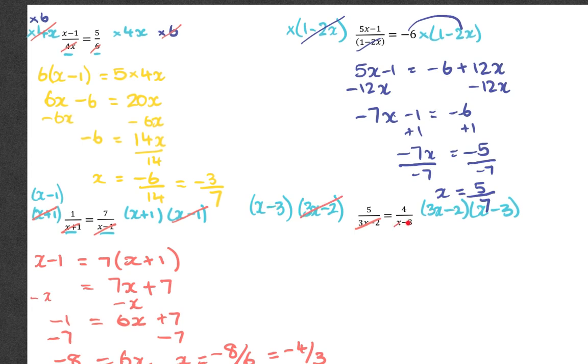X minus 3 is on both sides as well. Then we can cancel the same term off, and that leaves us with 5x minus 3 equals 4, 3x minus 2. We're going to expand the brackets, collect the like terms, and solve the equation.